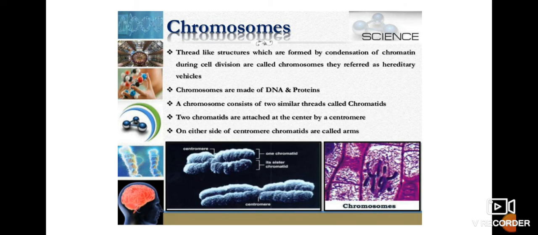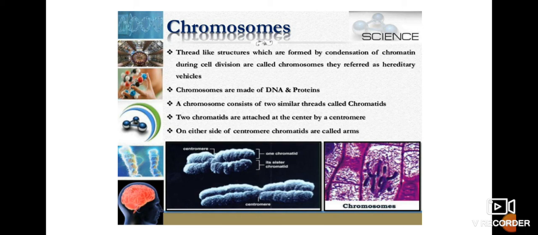Now within the nucleoplasm, we are going to get very small rod-like structures that are entangled. They are known as chromatin, which will change into chromosomes just before cell division. Remember, chromosomes are known as the hereditary vehicles, that means those that are going to carry the information.